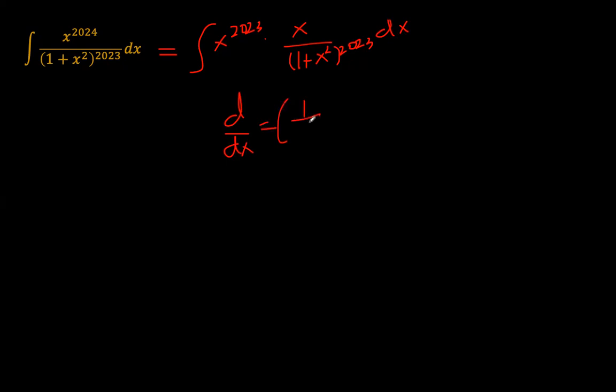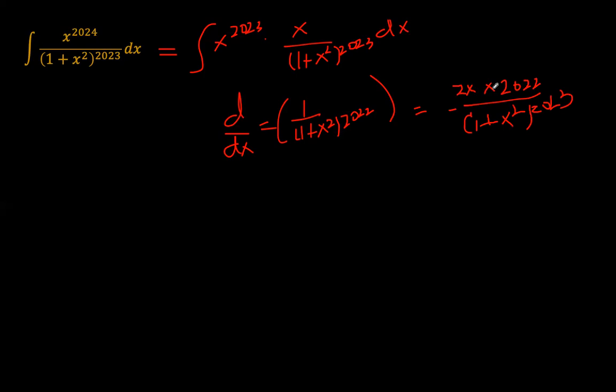And since the derivative of 1 over (1 plus x squared) to the power 2022 is equal to 2x times 2022, and this is negative, over (1 plus x squared) to the power 2023. And the product of 2022 and 2 is 4044.